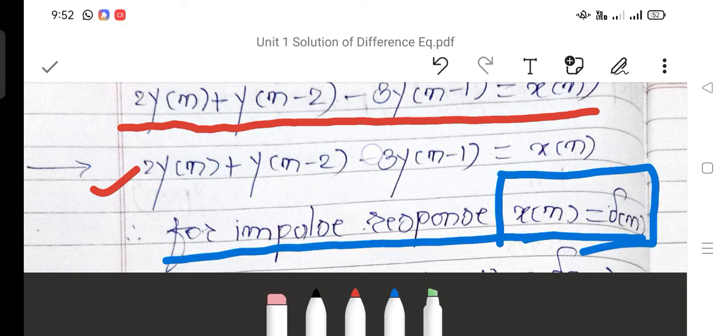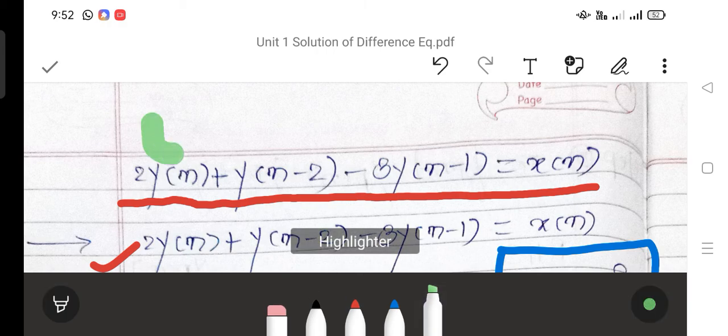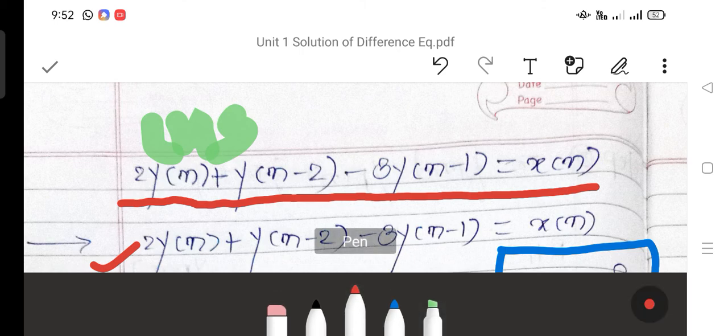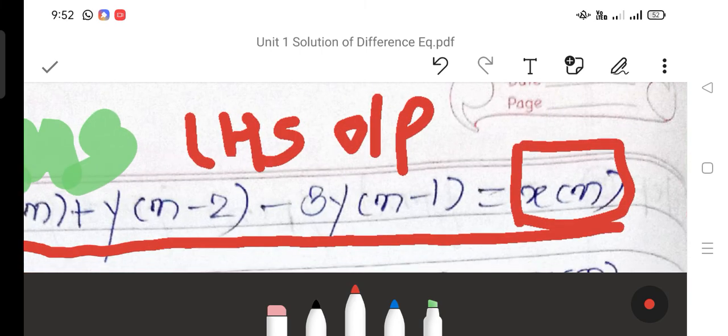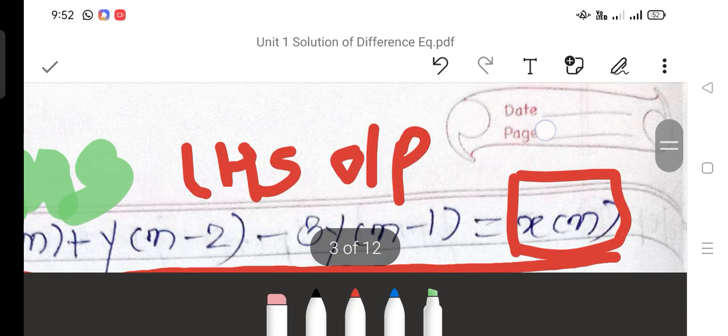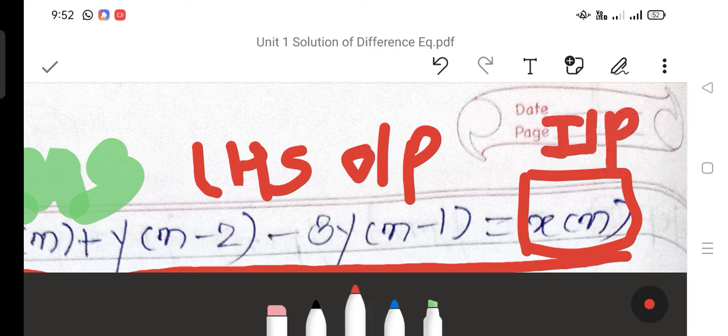Always you should note that y of n, this left hand side, LHS, is the output, and this x of n is the input.